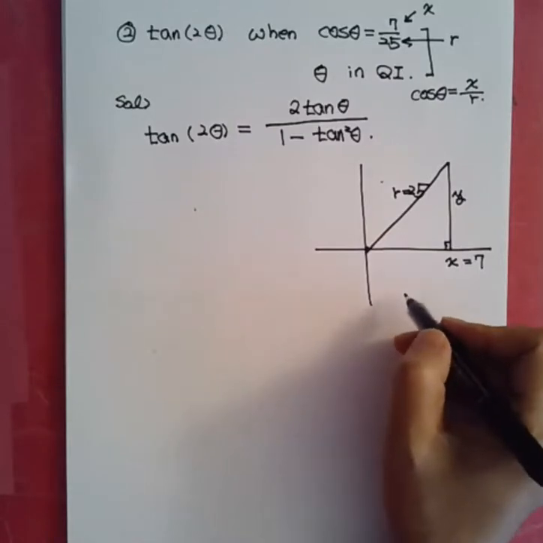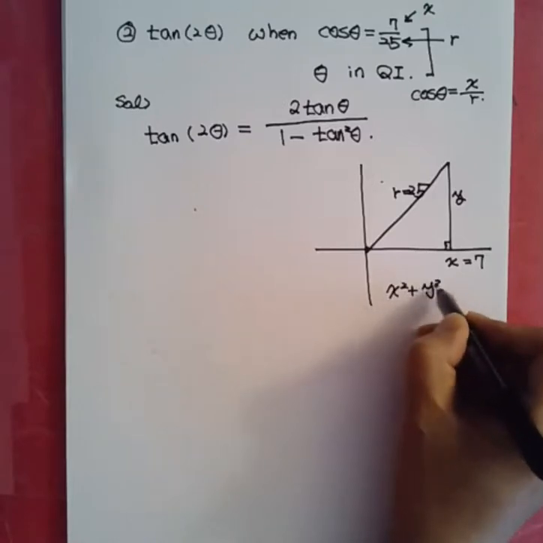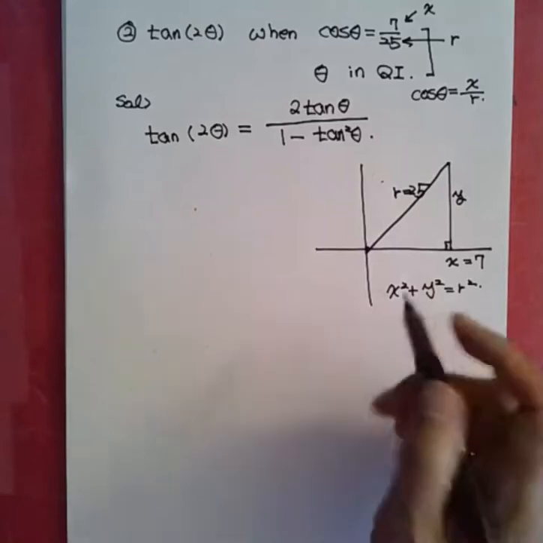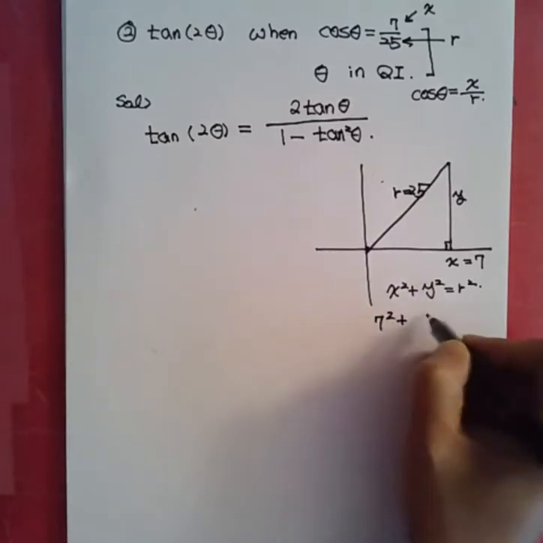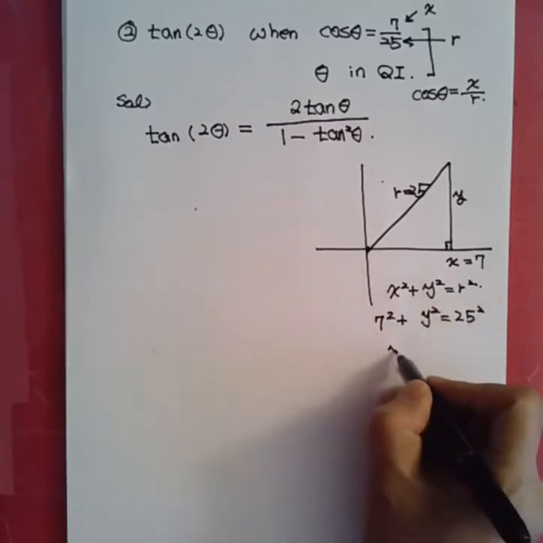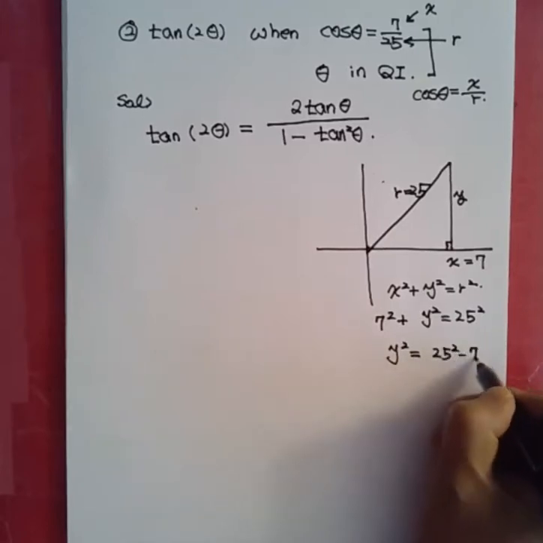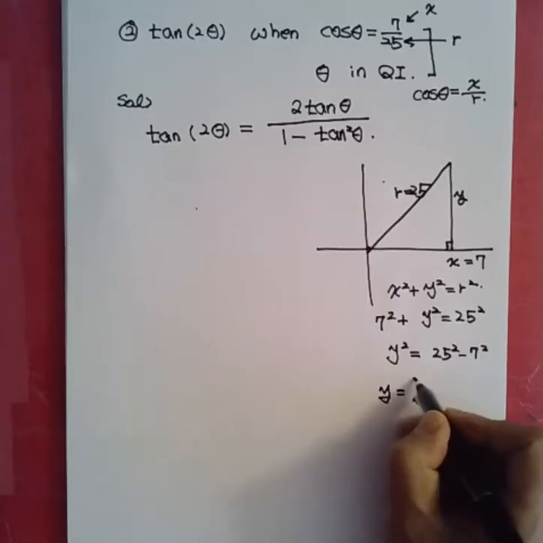So by using the Pythagorean formula, we know that x squared plus y squared equals r squared. R squared is given. So 7 squared plus y squared equals 25 squared, and y squared equals 25 squared minus 7 squared. We take the square root on both sides.